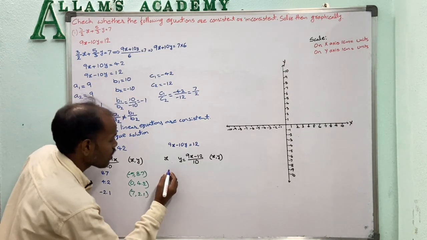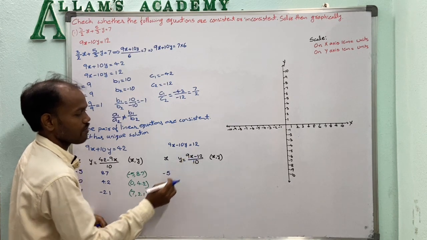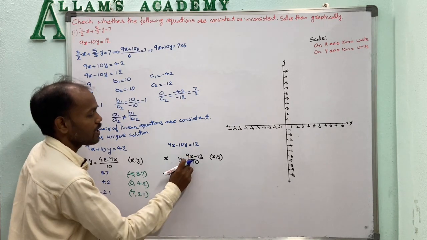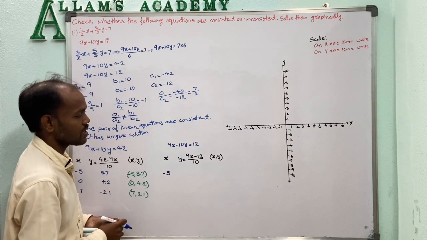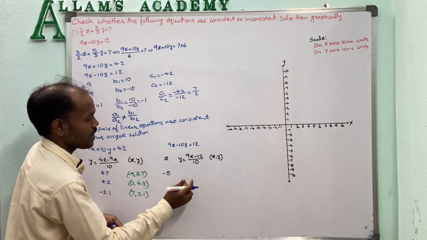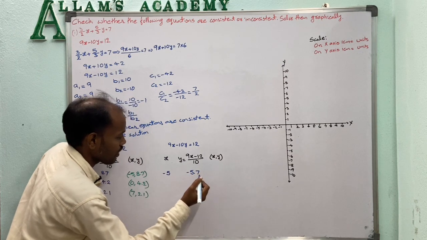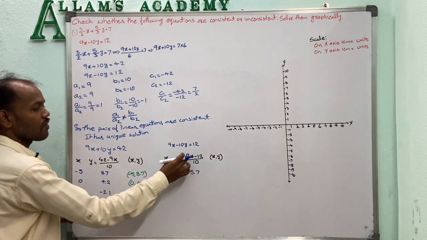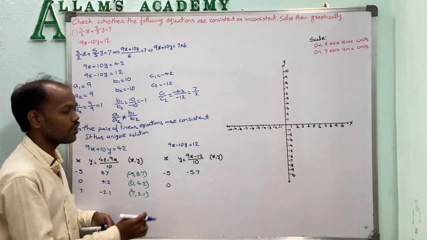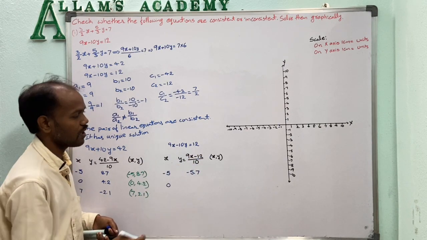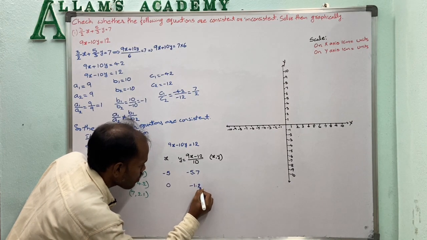So if x equals minus 5, 9 into minus 5 equals minus 45, minus 45 minus 12 equals minus 57, minus 57 by 10 equals minus 5.7. Next, if x equals 0, 9 into 0 is 0, 0 minus 12 equals minus 12, minus 12 by 10 equals minus 1.2.